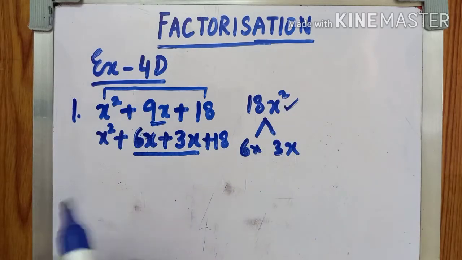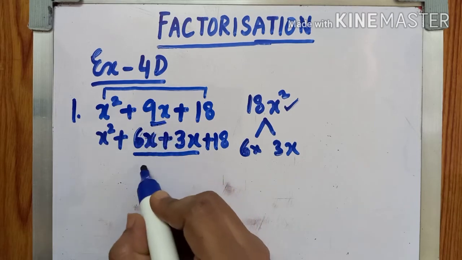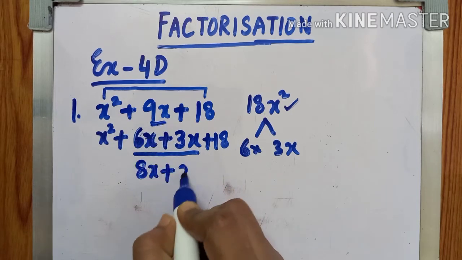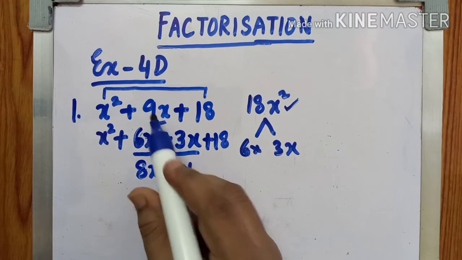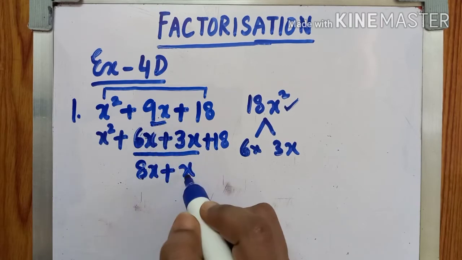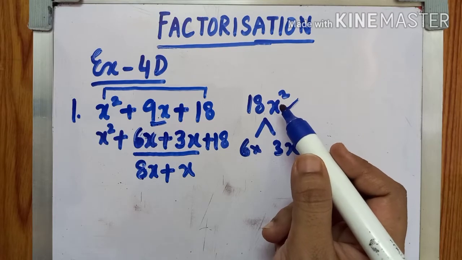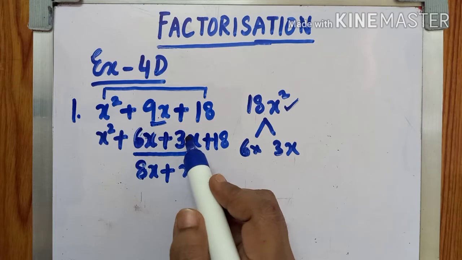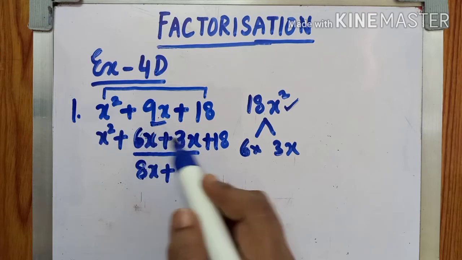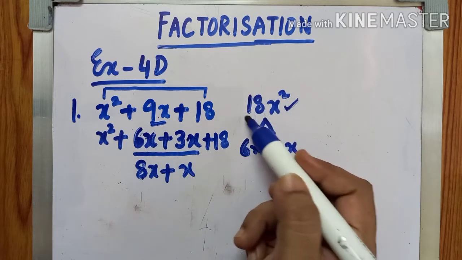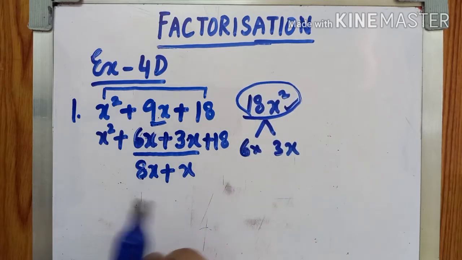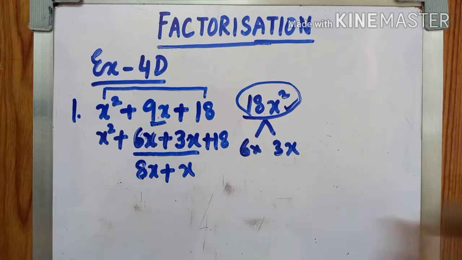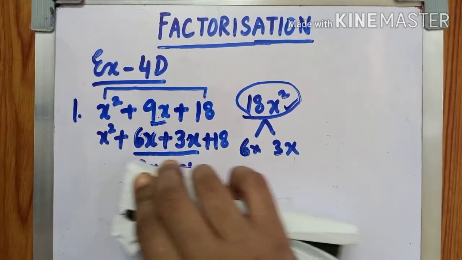Now 9x can also be 8x plus x, but 8x into x will not give you 18x square. So you have to take the terms in such a way that when you add them you get the middle term, and when you multiply them you get 18x square. So 6x plus 3x is correct, because 6x into 3x gives 18x square.